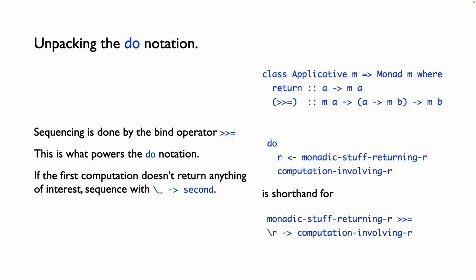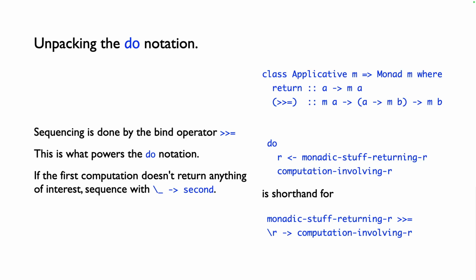So behind the do notation, where I waved my hands rather about how it worked, is this definition where we replace this binding to R by passing to a function. And if the first computation doesn't return anything, we simply sequence with the constant function of doing whatever comes next.